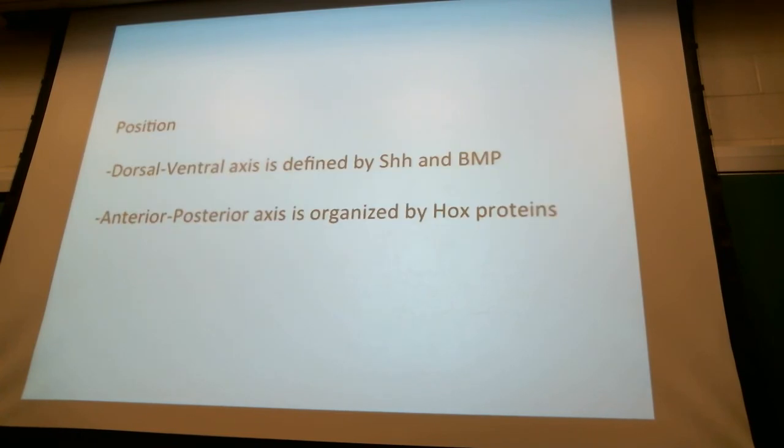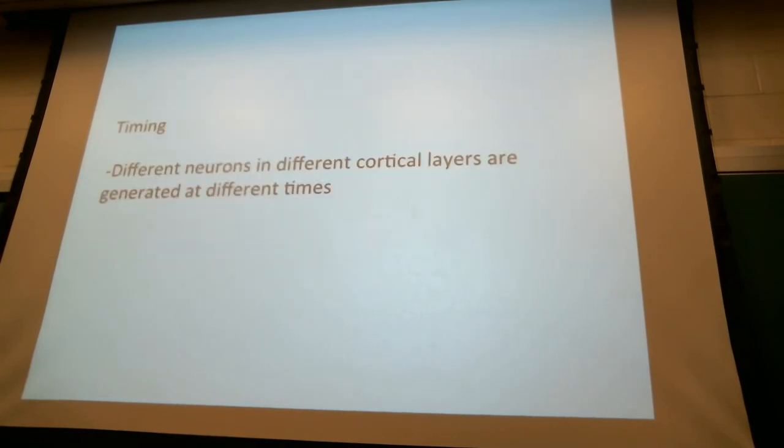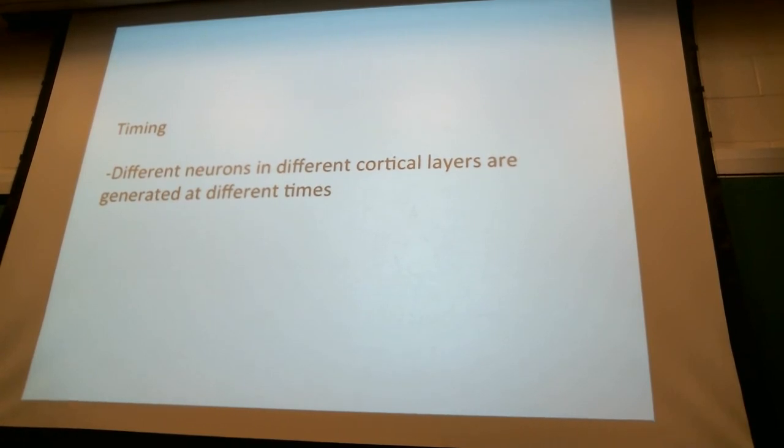And then if you inject the radioactive material later on, it ends up in a superficial layer. So you can tell this cortex was made in an inside out manner. So these different layers are formed at different timings. So how is it organized?